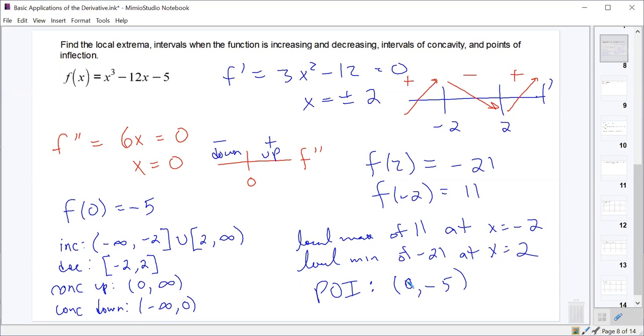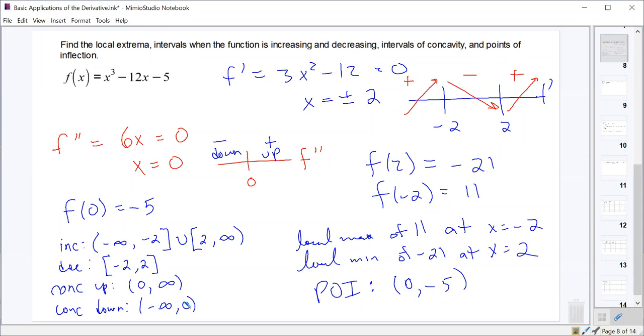I have a question. Yeah. For the concave up and concave down, why did you not use brackets? Because the College Board does it correctly for those. It should be parentheses because you can't be concave up or concave down at a point of inflection. So concave up intervals will always be in parentheses, concave down intervals always in parentheses, no matter what.